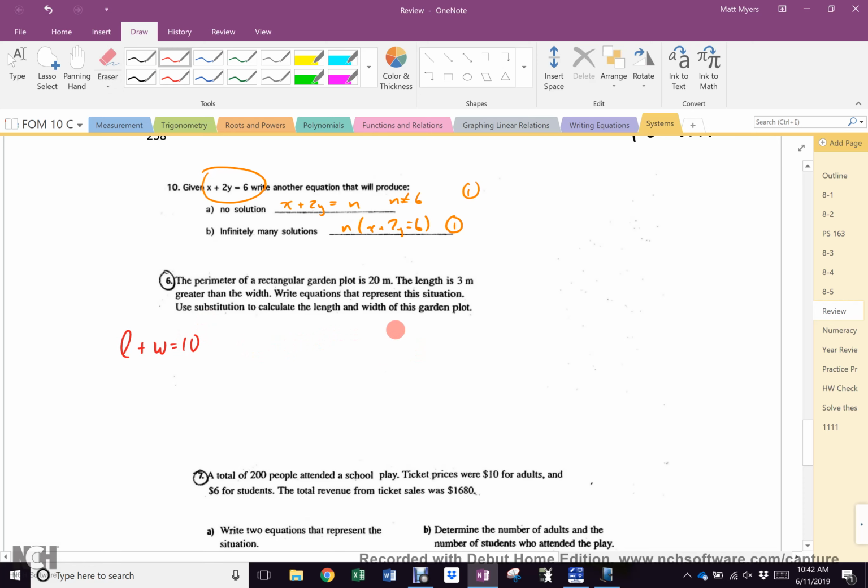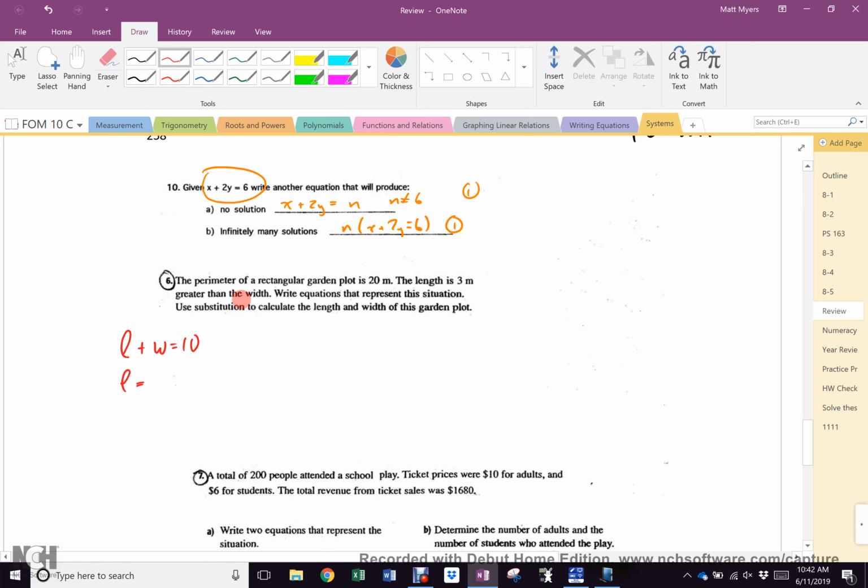What else do we know? The length is 3 meters greater than the width. What math is greater than? Yes, you did, but I would still give you full marks. We're about to talk about this in a second, Isabel, okay? The length is L equals what? 3 meters greater than the width.